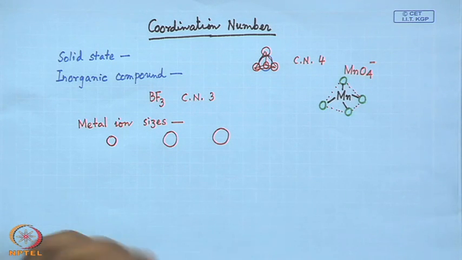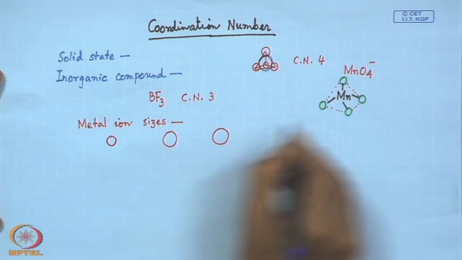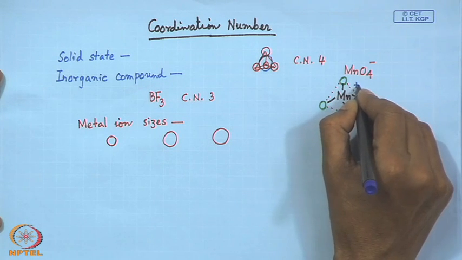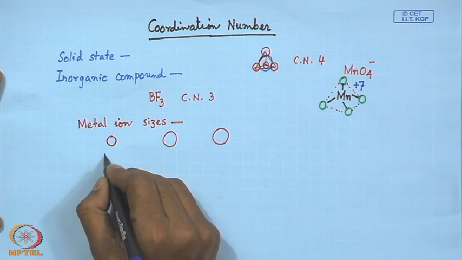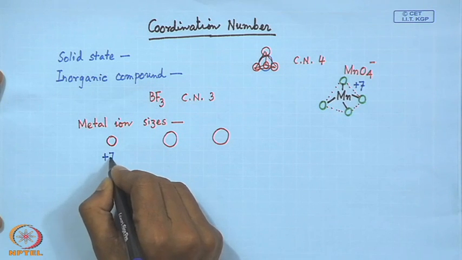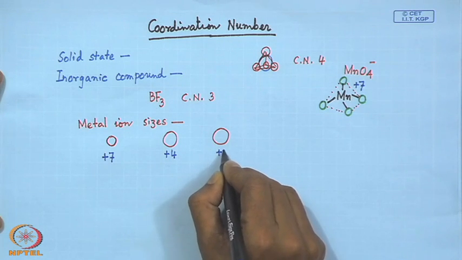So, what we immediately consider can be manganese in the +7 oxidation state. The smallest one is in +7, then we can have +4 or we can have +2.